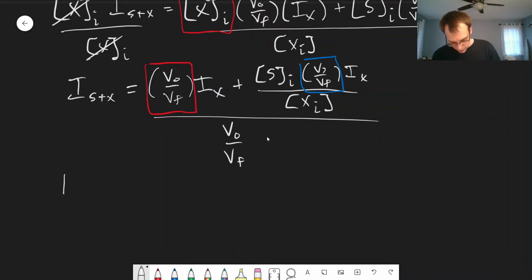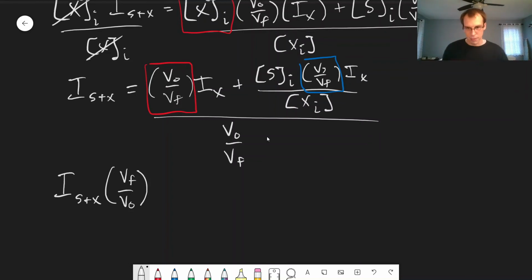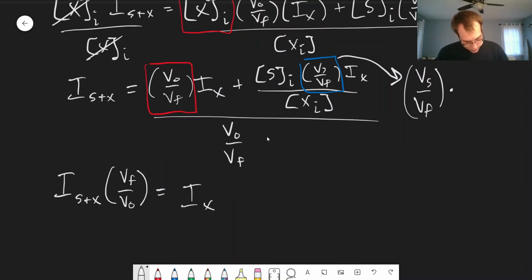On the right-hand side, we'll get I of s plus x times Vf over v naught, since dividing by this fraction is the same as multiplying by its inverse. Then our first term will be Ix, and we need to look at what's happening with this term. We have Vs over Vf times Vf over v naught, because that's the same thing as dividing by Vf over v naught. So our Vf's are going to cancel, and we're going to get Vs over v naught.